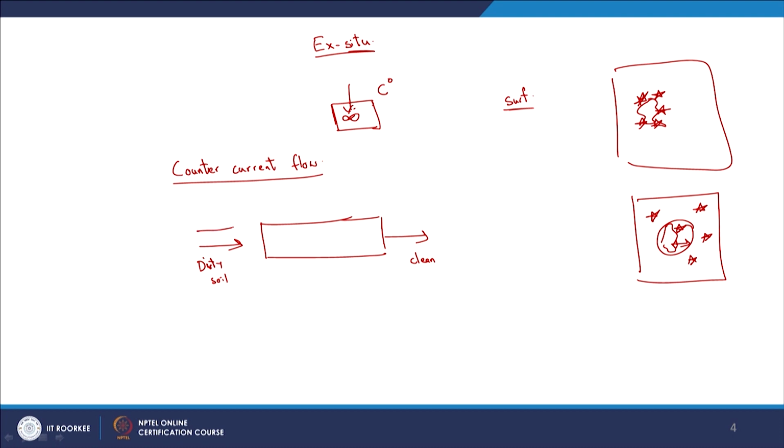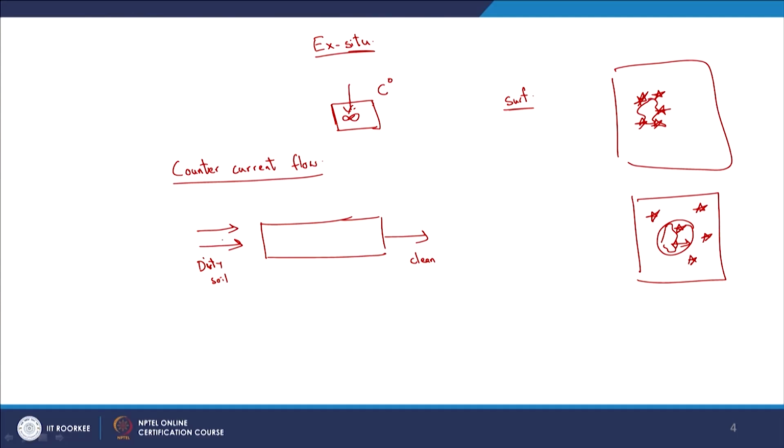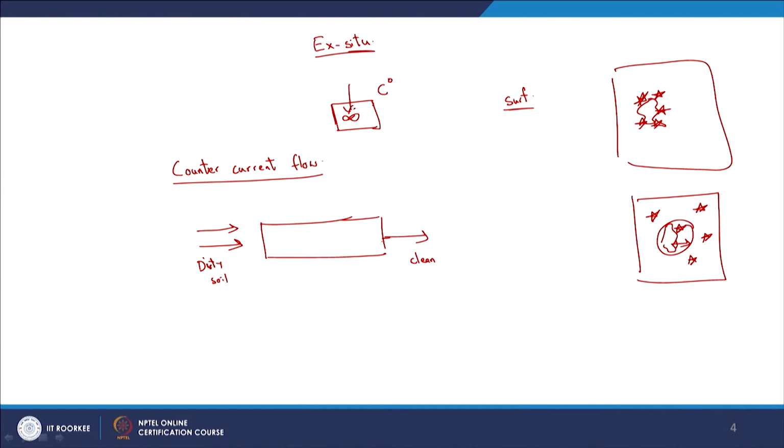If I introduce the clean surfactant here, what is going to be the case? You are going to have desorption here, but the issue is that as it passes through, your slightly contaminated soil will be in contact with surfactant that already has the relevant contaminant in it. But to achieve pretty clean soil, what would you do?